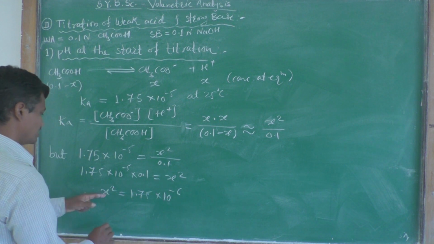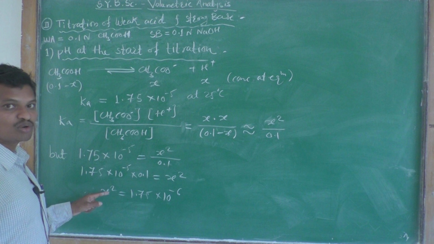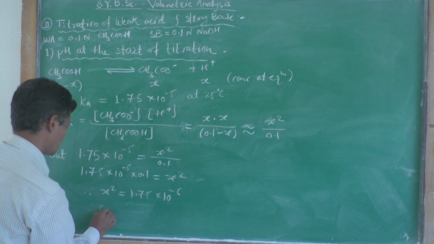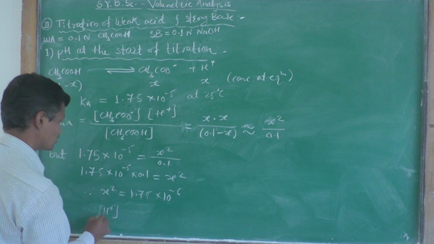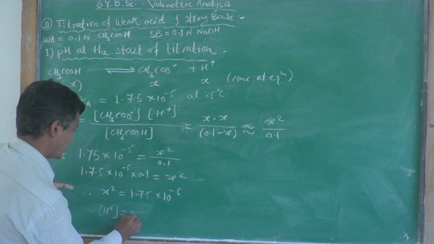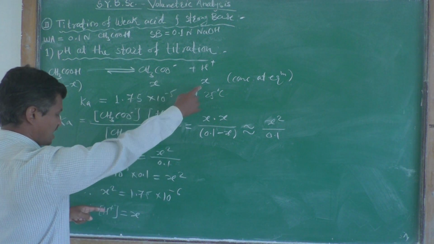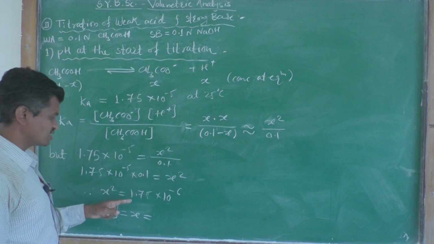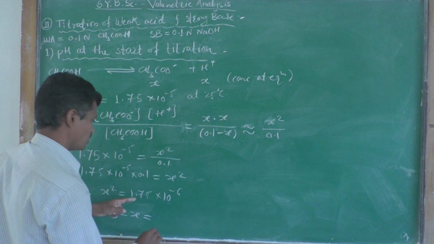Now we have to take the square root of this. The concentration of H plus is nothing but X, so X is equal to the square root of this.